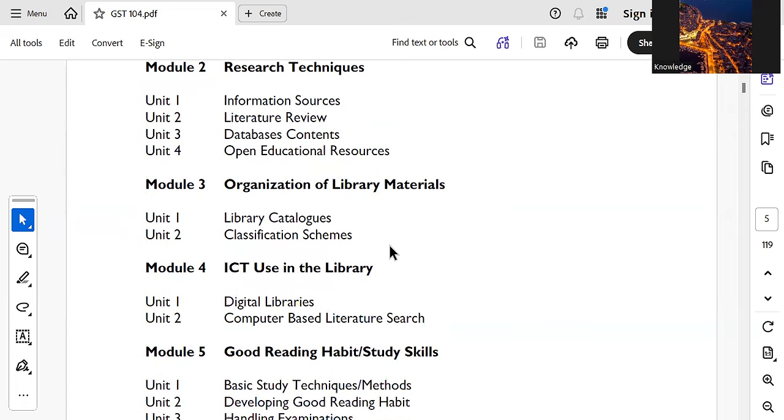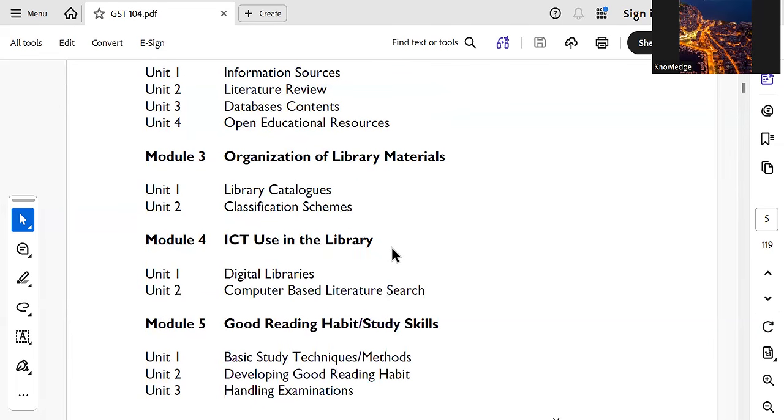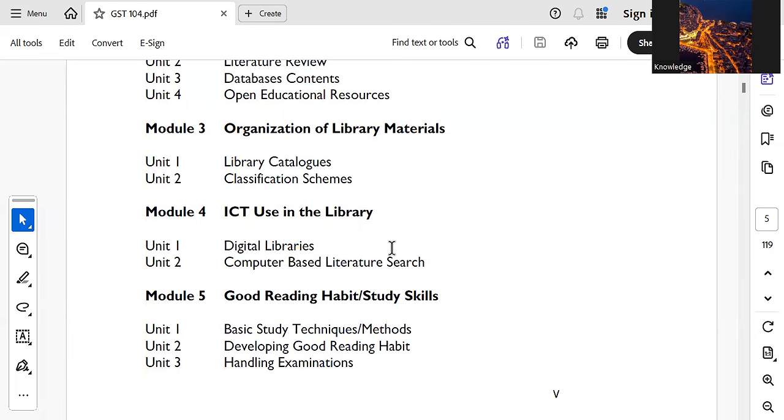Then we'll go to Module 4. So you can see that they are just short units. Then in Module 4, we have ICT use in the library. That's a kind of marriage between library and ICT. What impact is technology, which is ICT, the use of ICT, having on the library?